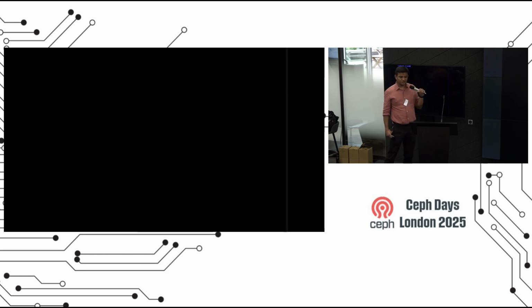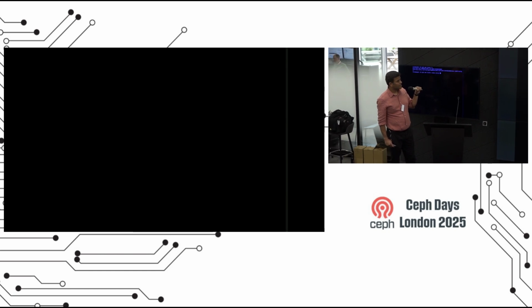So the first cluster, we just use user authentication, and we use the imperative method here to create the cluster. So we see that we don't have any clusters created. So we create a cluster with the Ceph SMB cluster create command. We name it starter. We use user authentication, and in this case we provide the user details on the command line itself.